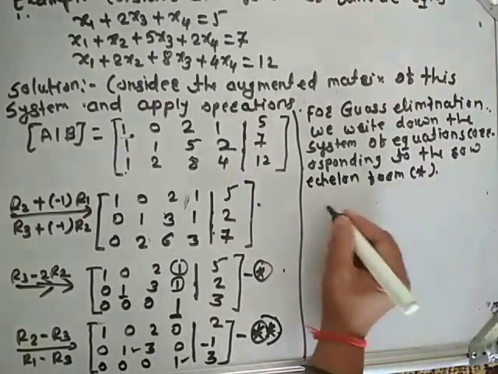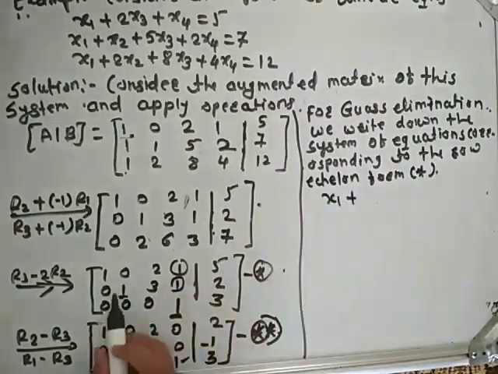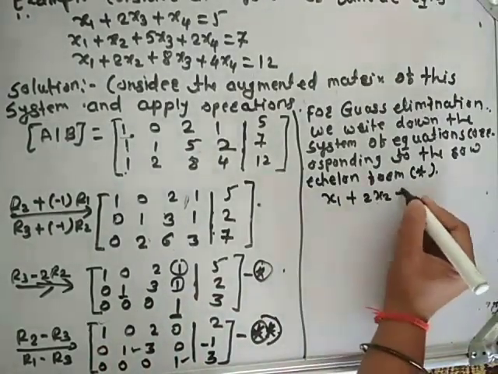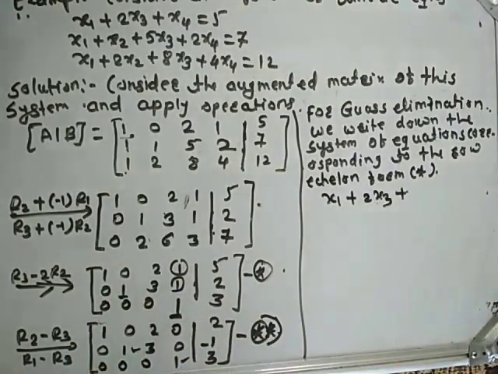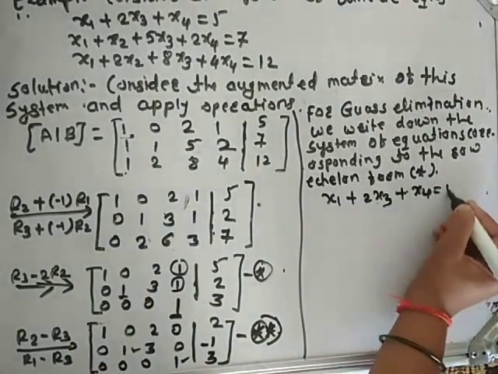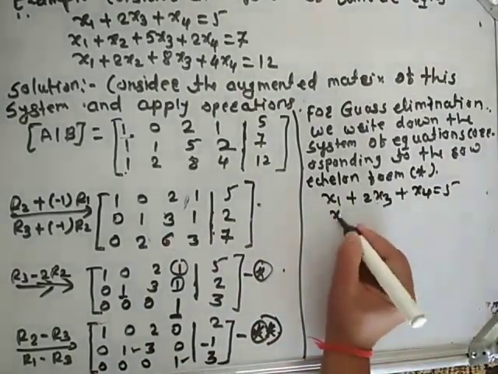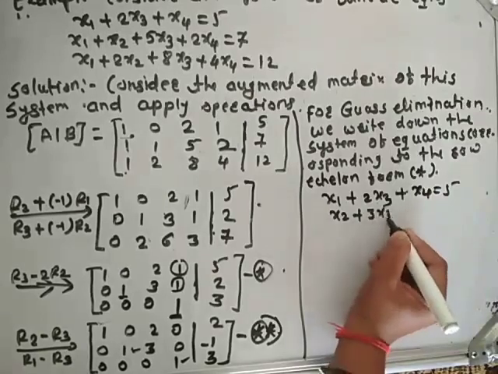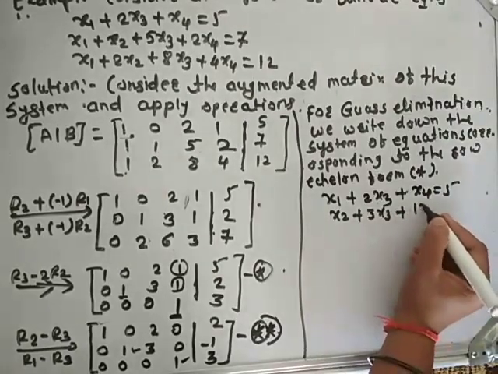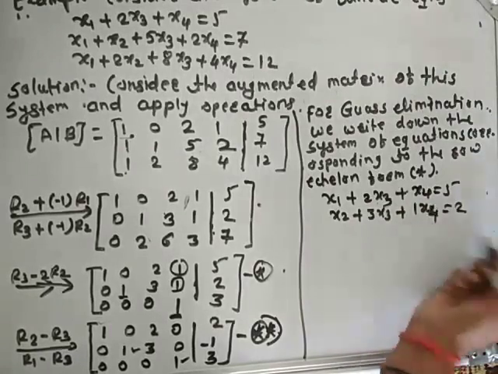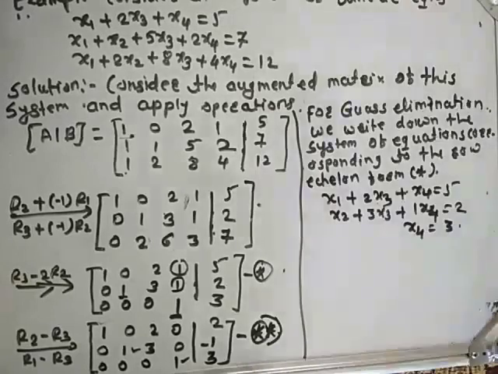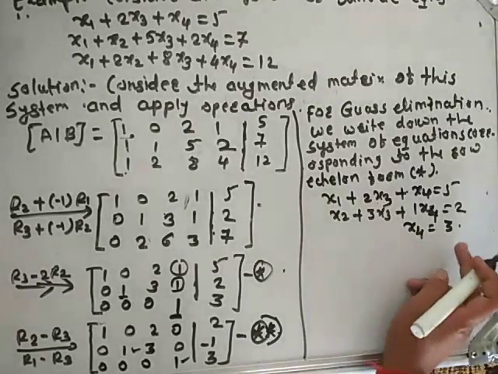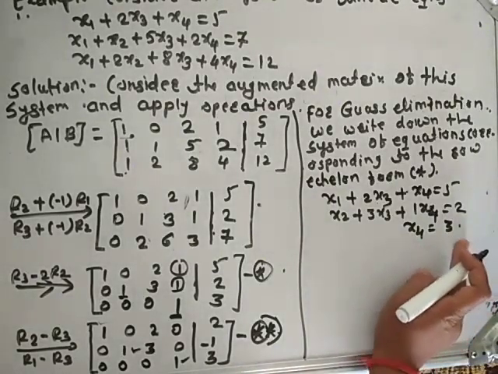Okay. Then we get x1 plus 2x2 plus 2x3, coefficient of x2 is 0, plus x4 is equal to 5. x2 plus 3x3 plus 1x4 is equal to 2, and last is x4 is equal to 3. Okay. Here x4 is equal to 3.